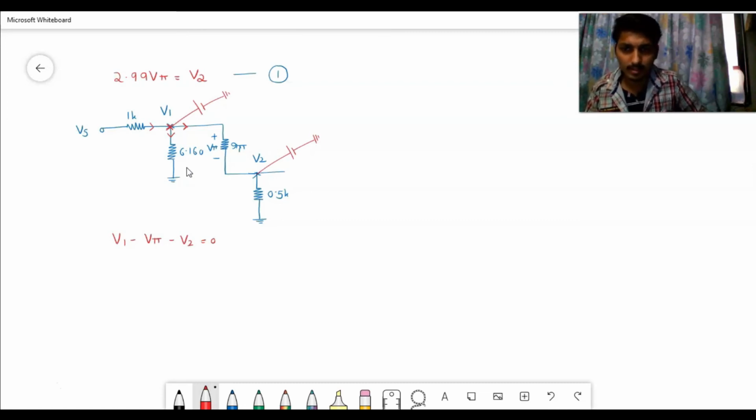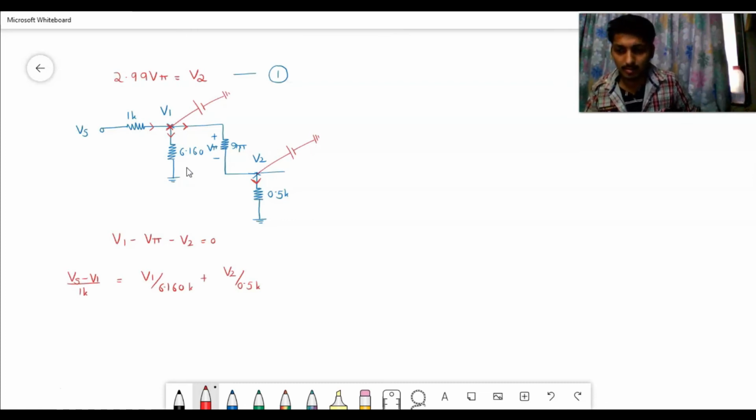So we will take this part. Applying nodal analysis here: Vs minus V1 by 1k incoming, both are outgoing, V1 by 6.160 k in kilo ohms, plus V2 by 0.5k.